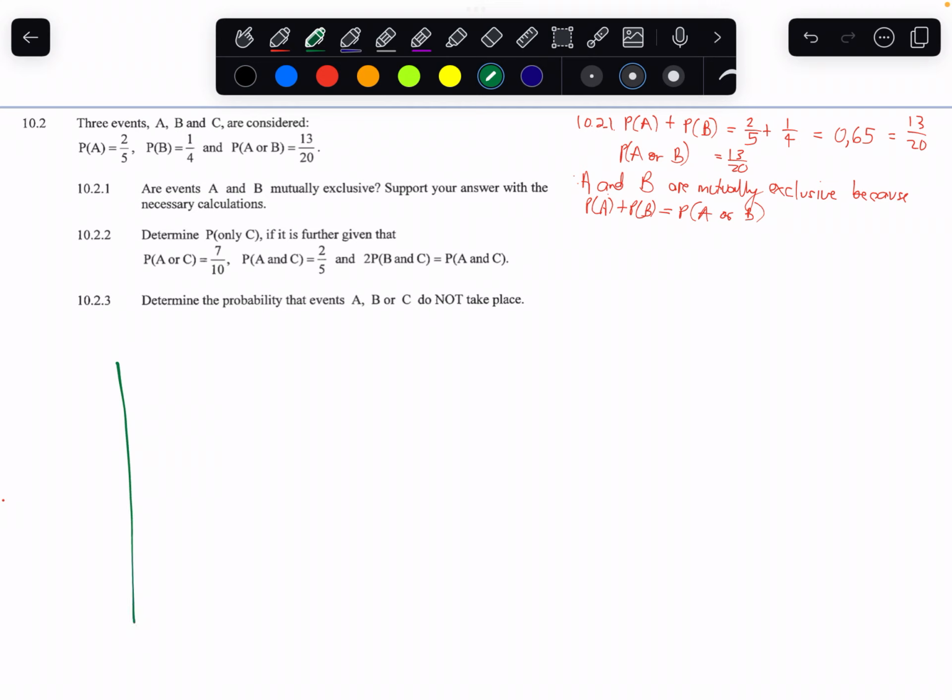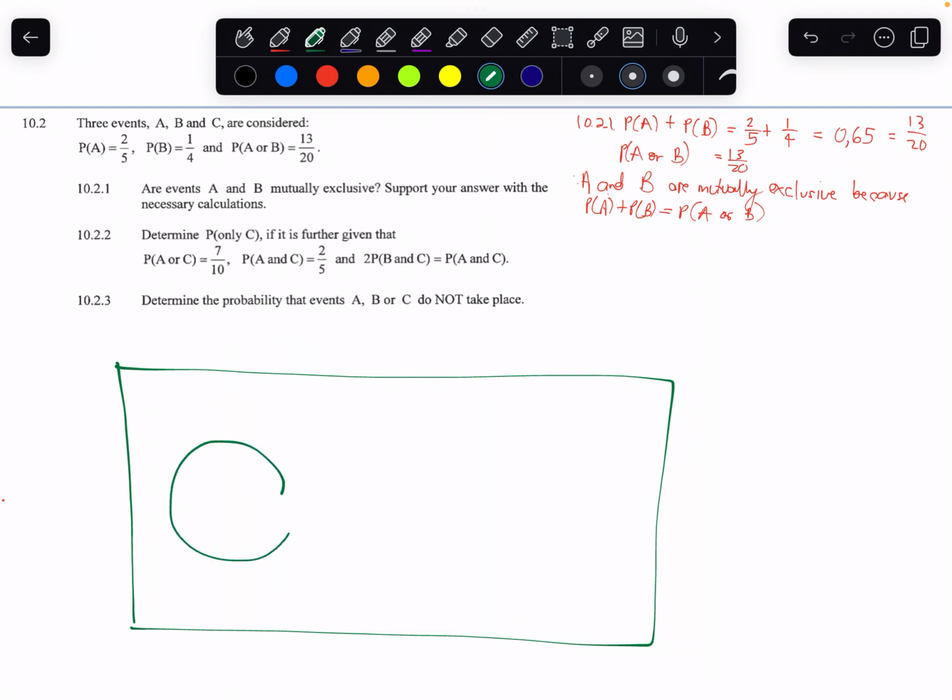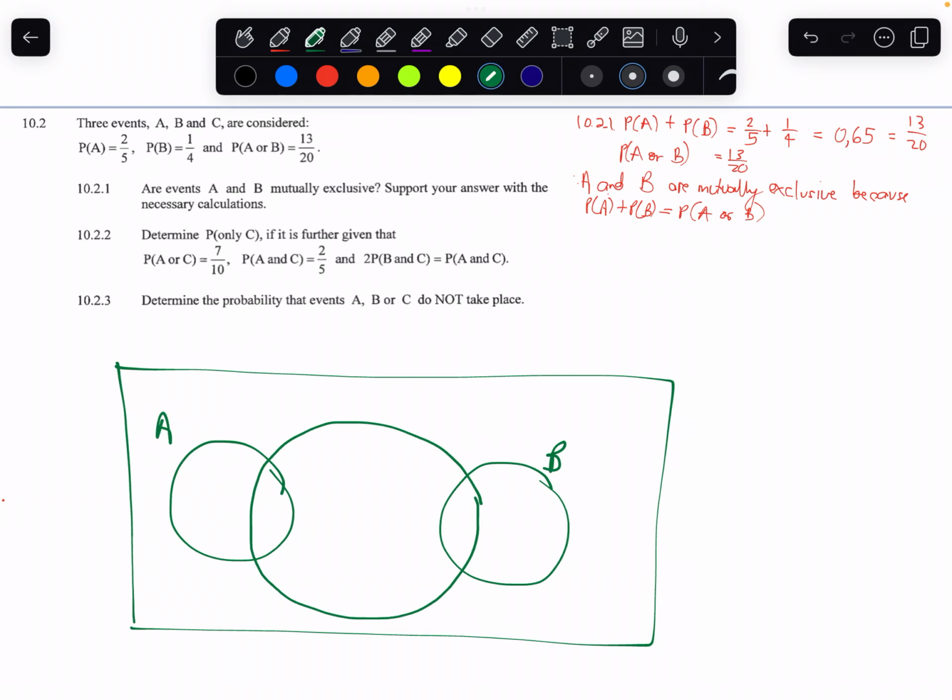So I'll just start by drawing myself a little Venn diagram. So we know that A and B are mutually exclusive, right? And then we've got C, who seems to be friends with everyone until proven otherwise.